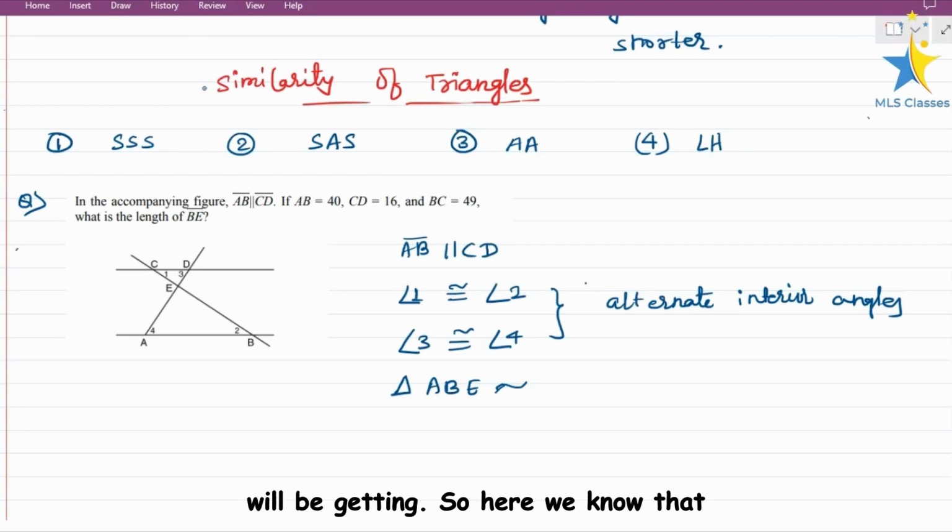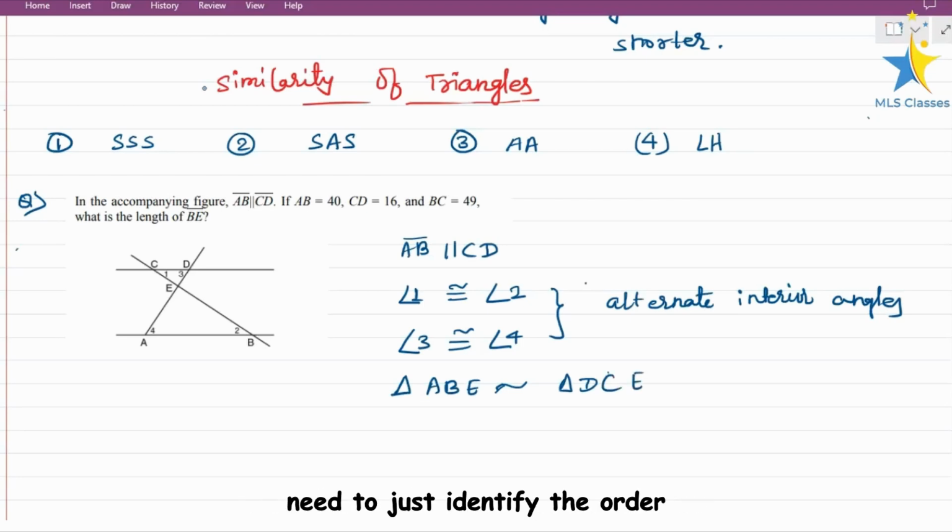Here we know that angle A is congruent to angle D, so we'll first write D as that is the first vertex. Then we know that C is the vertex which is equal to B, because here the second is B. Oh, sorry, C. And then E we will be writing.